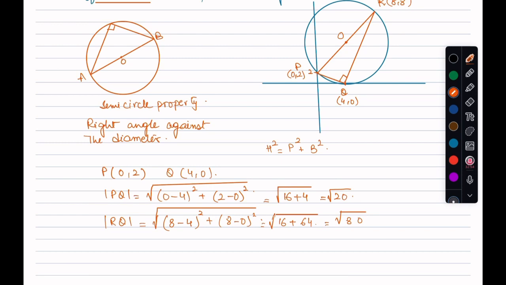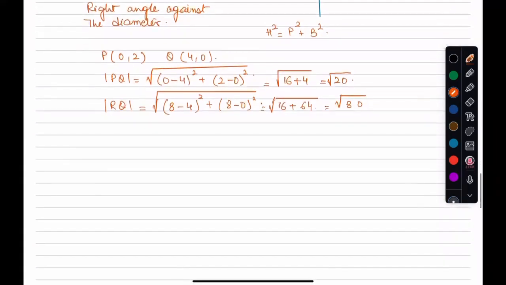So we have PQ and we have RQ, meaning we have the base and the perpendicular. PQ is root 20 and RQ is root 80. To find PR, P has coordinates 0, 2 and R has coordinates 8, 8.